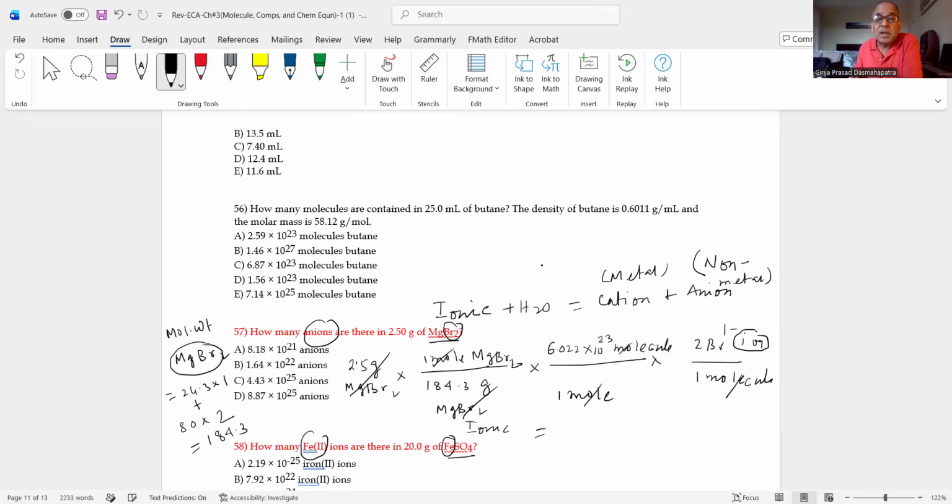So then you take 2.5 times 6.022, everything on the top line, divide by 184.3, and also multiply by 2, because there is a 2 here.